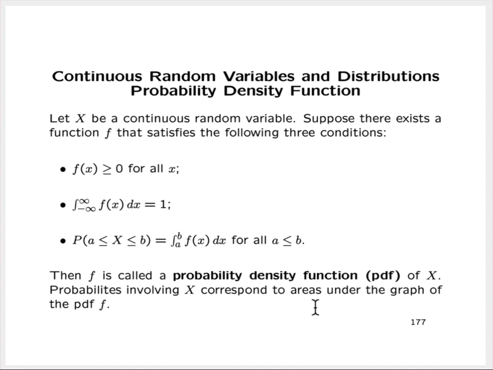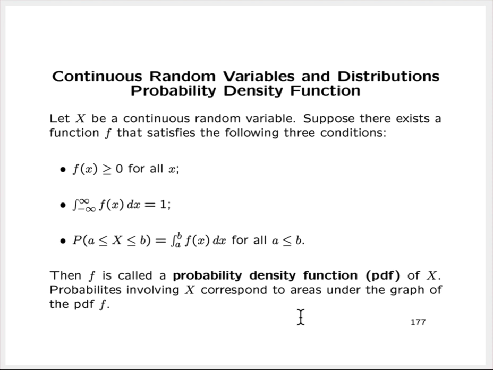Now, whereas when we were dealing with discrete random variables, the PMF gave us the probabilities associated with the random variable, PDFs are somewhat different because of the nature of continuous random variables. PDFs don't give us the probabilities that X takes on particular values. It gives us probability densities associated with X taking on a particular value.